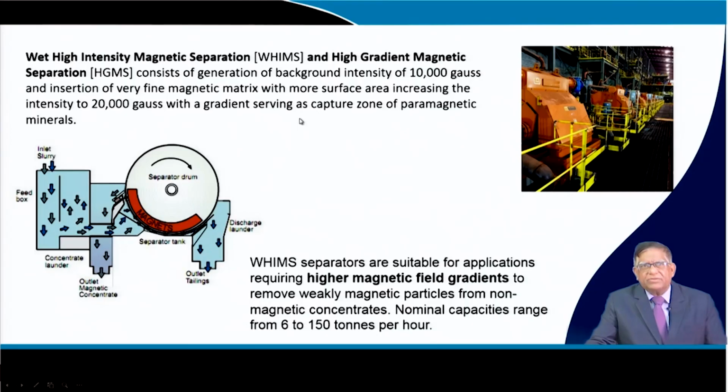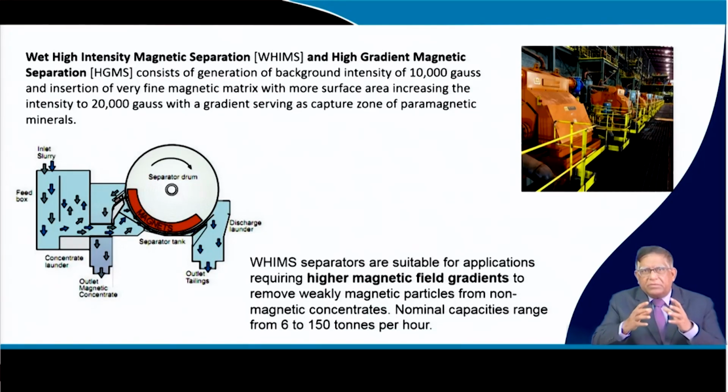You can see here an intensity of about 10,000 Gauss; that is the magnetic intensity you will have to create, where one Gauss is 10 to the power minus 4 Tesla. To get that much intensity, you will have to design the system and place it very carefully, and that is why you can have a number of different separators in the line.